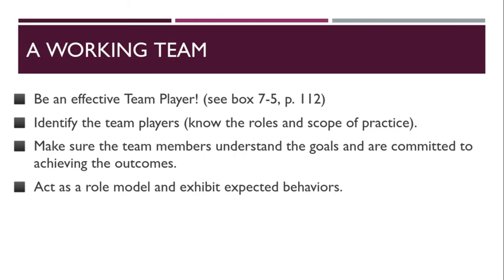In a working team, you should try to be an effective team player. See box 7-5, page 112. It lists qualities of an effective team player, which include they demonstrate dependability, they communicate constructively, engage in active listening, they actively participate, they share information openly and willingly, they support and offer assistance, display flexibility, exhibit loyalty to the team, act as a problem solver, and they treat others in a courteous and considerate manner.